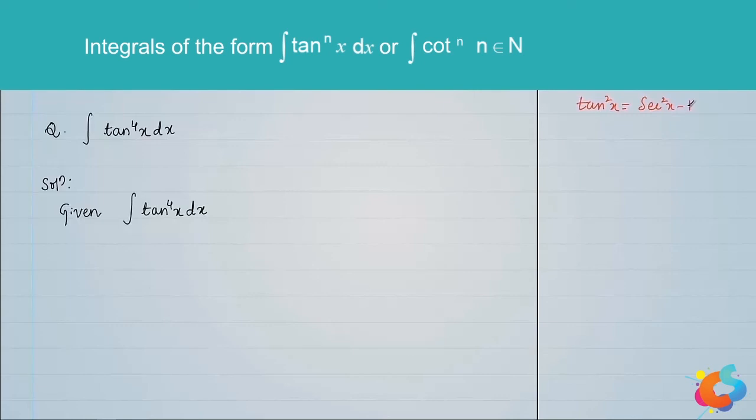So let us consider a similar problem here. We have tan to the power of 4x into dx. Here we'll write tan to the power of 4x as tan square x into tan square x, so that 1 tan square x can be written as secant square x minus 1.